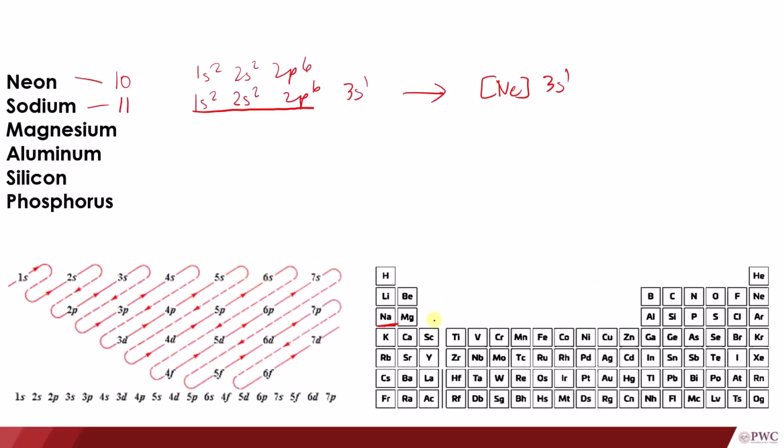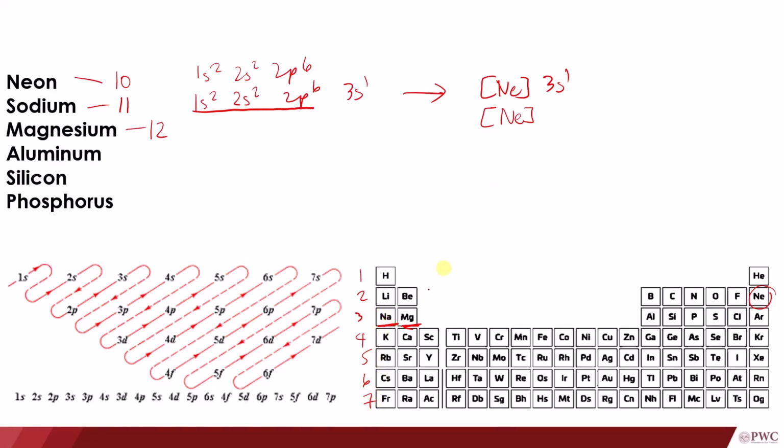So let's go to magnesium. Magnesium is again over here. It has 12 electrons. That's 2 more compared to neon. In this case, the closest noble gas before magnesium is neon. We have Na over here, and from this one, just count how many steps. This one is on the third period.